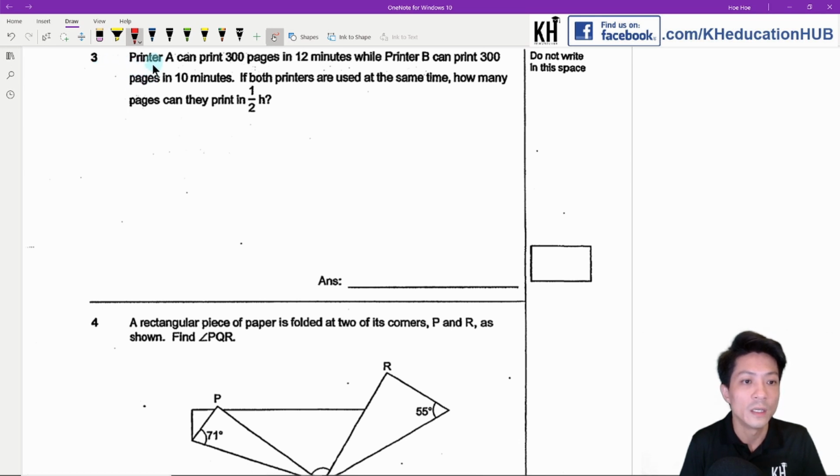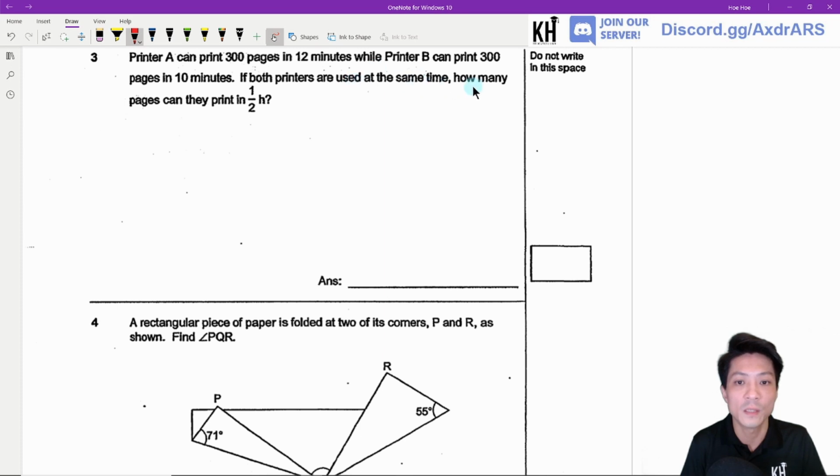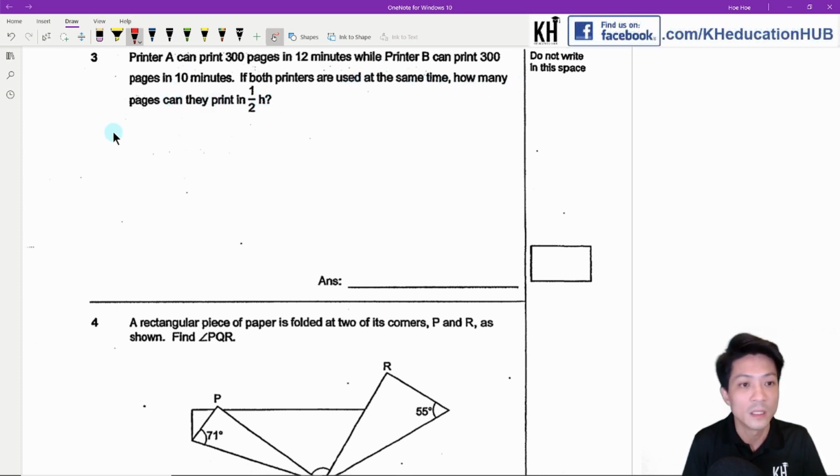Okay, question 3. Printer A can print 300 pages in 12 minutes, while printer B can print 300 pages in 10 minutes. Both printers are used at the same time. How many pages can they print in half an hour?